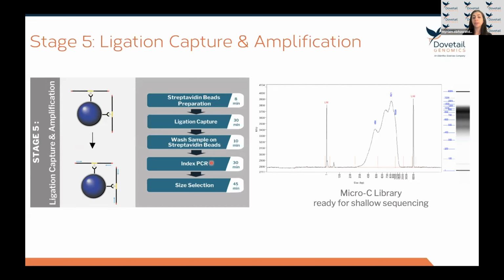And after amplification, we will clean the library and size select, then run this library on a fragment analyzer, bioanalyzer, or a tape station to check that the range is as expected. So we expect the library to be between 350 base pair to 1,000 base pair. This library now is ready for paired end sequencing on any Illumina sequencing platform.